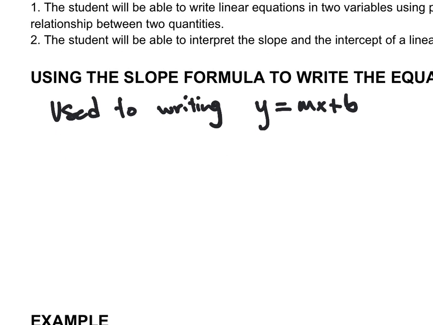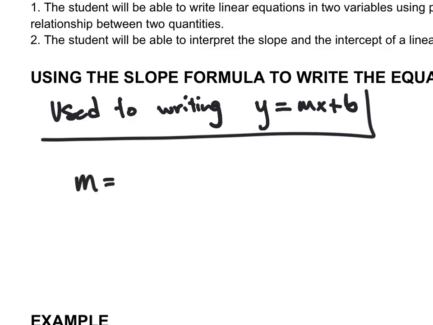What I want to do is use our slope formula. I'm going to use m is equal to y sub 2 minus y sub 1 over x sub 2 minus x sub 1.